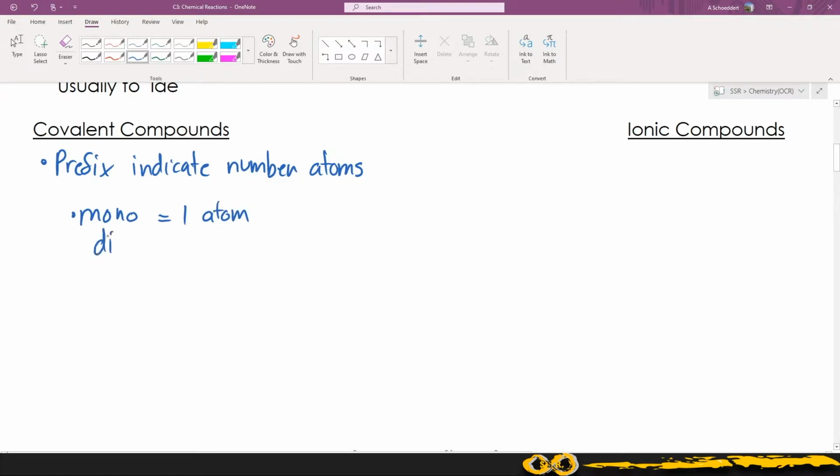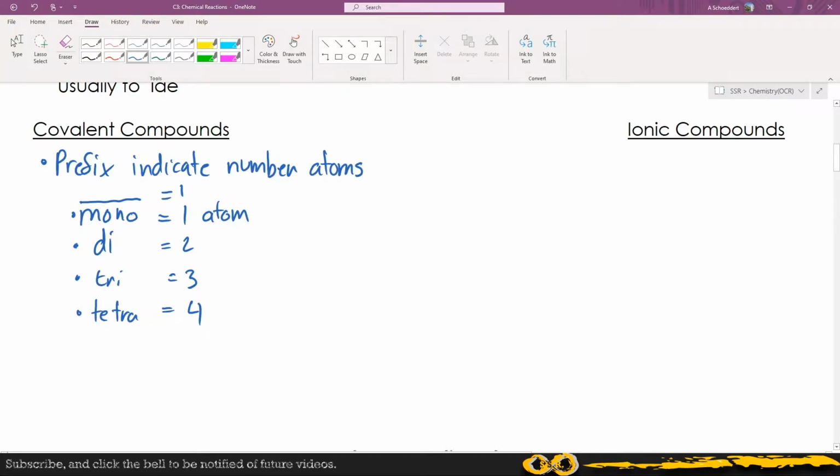Di will indicate that there are two atoms. Tri will indicate that there are three atoms. And tetra will indicate that there are four atoms. There is also just simply no prefix, and that will also indicate one. An example of this would be carbon dioxide.